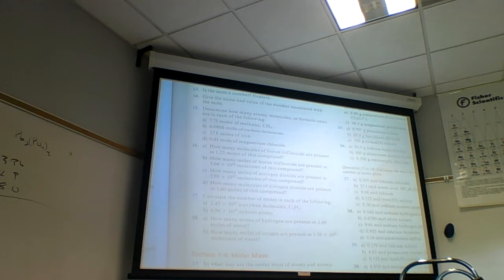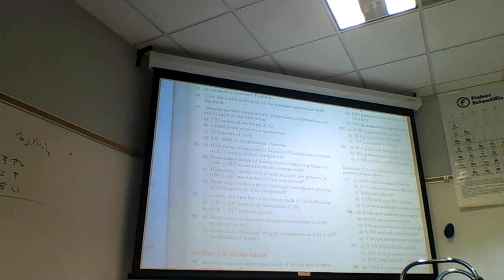How many moles of boron trifluoride are present in 7.04 times 10 to the 22nd molecules of this compound? So if I have 7.04 times 10 to the 22 molecules, then I'll just use Avogadro's number again, 6.022 times 10 to the 23rd molecules per mole.